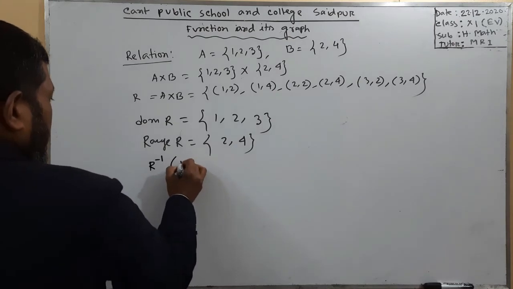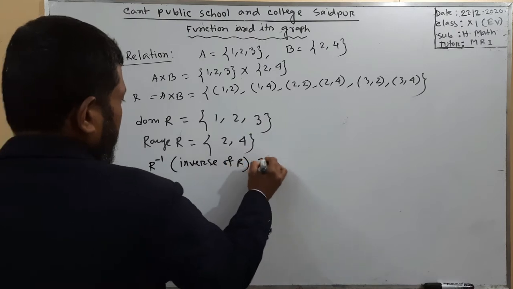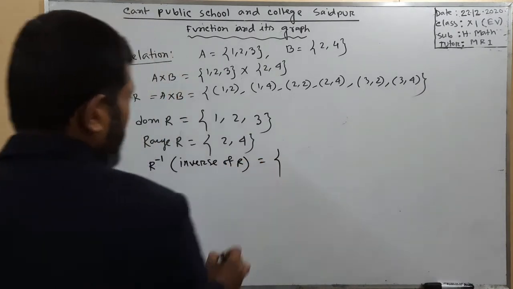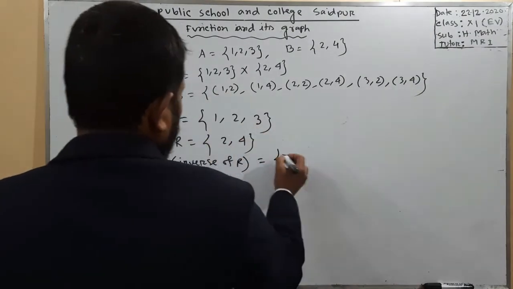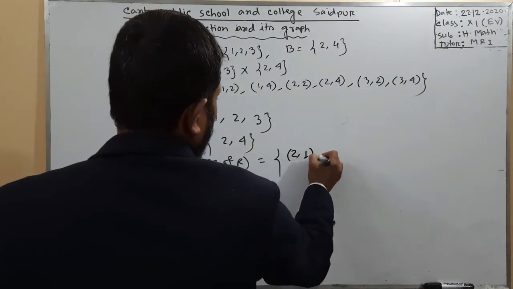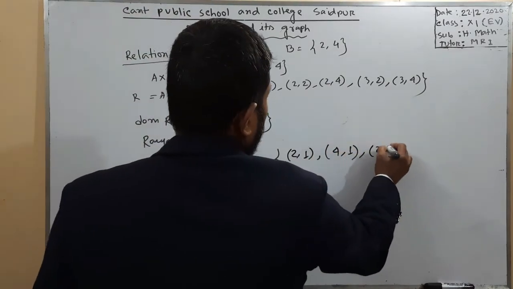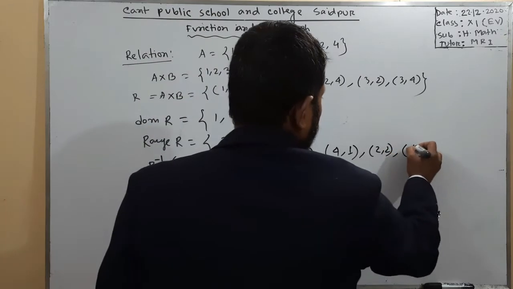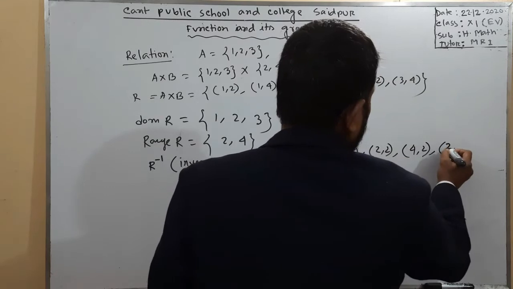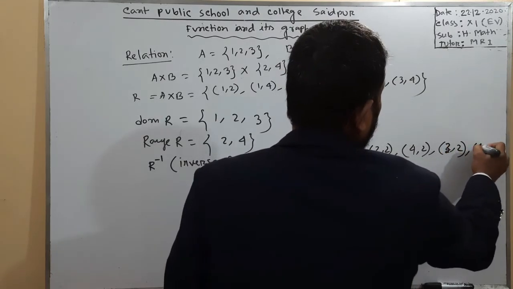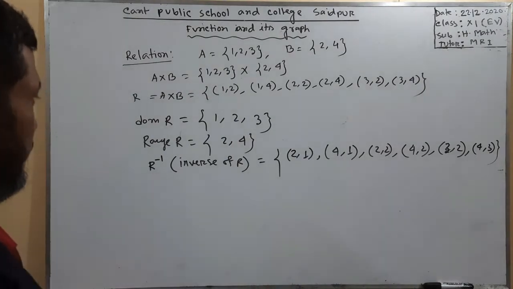In the inverse, domain will be range and range will be domain. This is (2, 1), (4, 1), (2, 2), (4, 2), (2, 3), (4, 3). This is the R inverse.